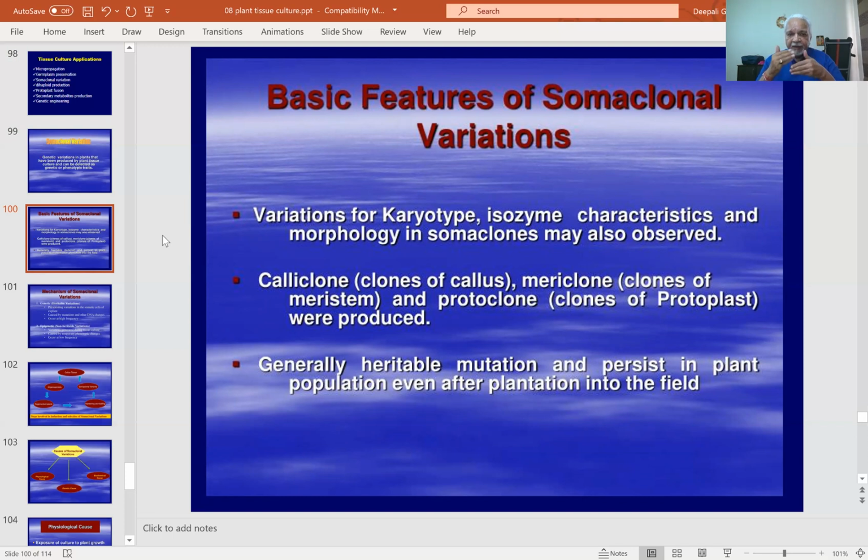So this variability, which is seen at the clone level, callus clone, meristem clone, or protoclone, persists through the plant populations, even after plantation, when it goes to the field. It means whatever variation has taken place is sort of stable, going through these phases of plant development in vitro.